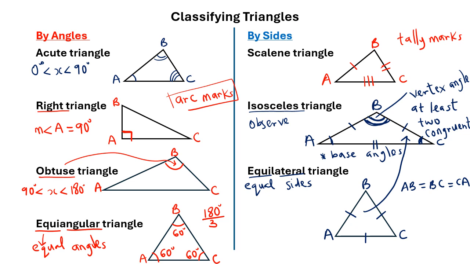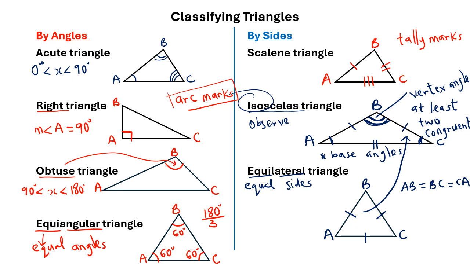It's only much more special because all three sides are congruent. But not all isosceles triangles are equilateral. For example, the example we have here is strictly isosceles. It is not equilateral, but this example here is equilateral. So we need to know how to differentiate them.